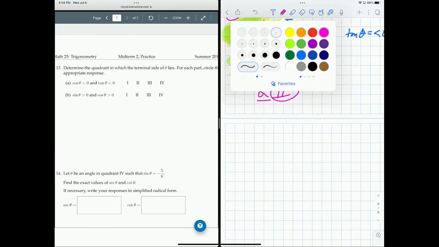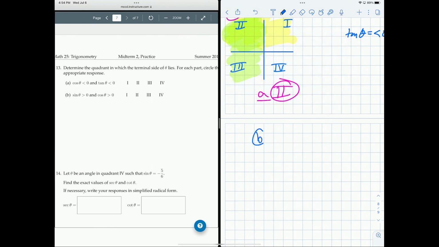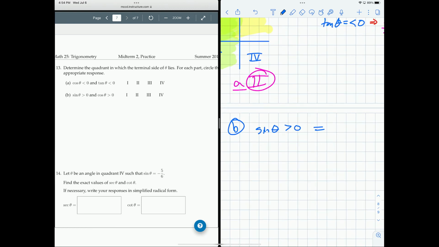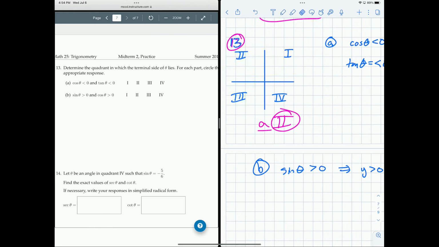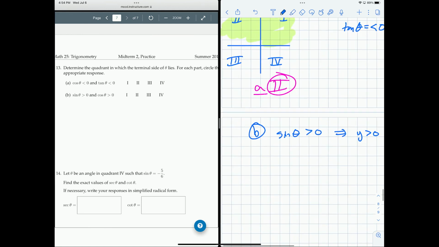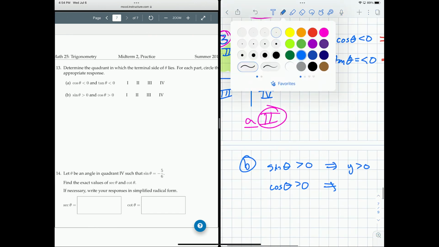Now for B, they say sine theta greater than 0. What's that mean? Well, remember sine is the y, so y has to be greater than 0. So that means you are up here. And then the other piece of information is that cosine theta is greater than 0, which means the x values are positive.